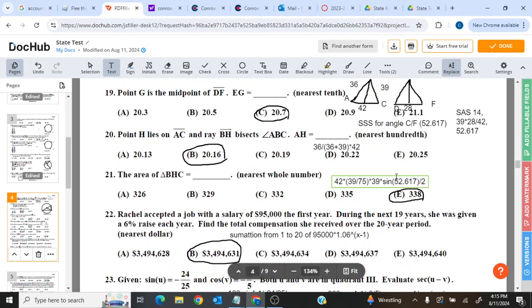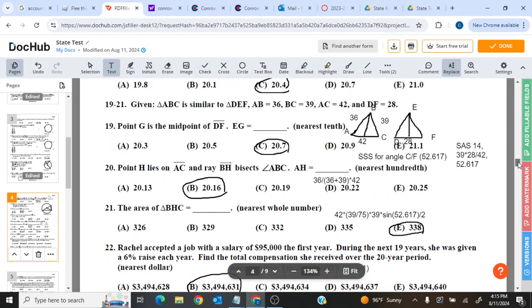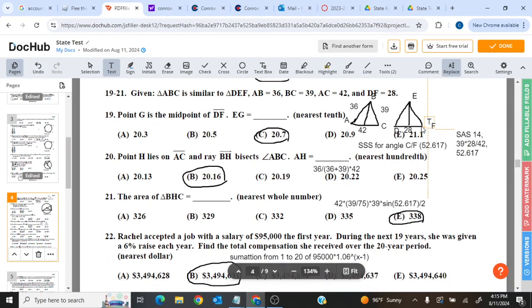The area of triangle BHC is what? Well, you can just do the area of a triangle again. You've got to figure out this side, HC.